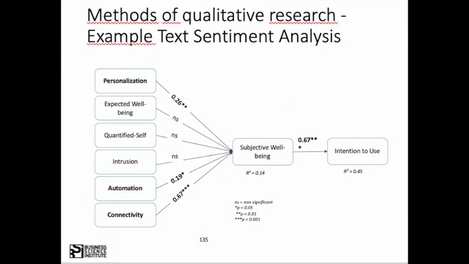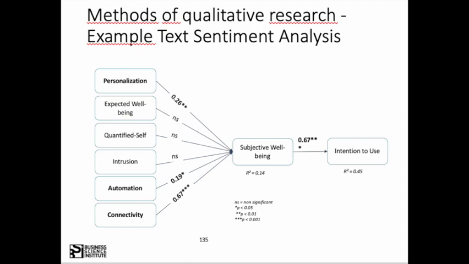And then in the next step, we combined the qualitative approach with sentiment analysis with a quantitative approach because we measured the impact of the topics we generated by the text analysis on a questionnaire with items and measurement scales about subjective well-being, and subsequently the impact of subjective well-being on intention to use, where we used the measurement scale of Davis for the technology acceptance model.